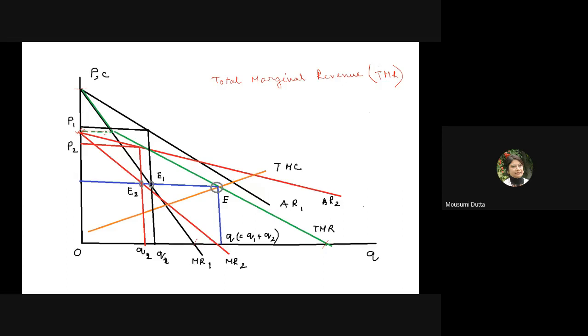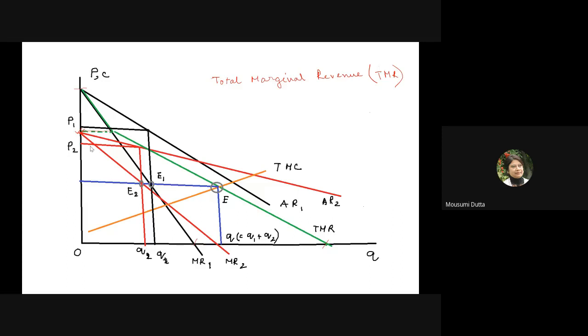So if you want to add the marginal revenue of the two markets, what will be the shape of the marginal revenue curve? Will it be identical to that of MR1 or something else? What is your understanding?